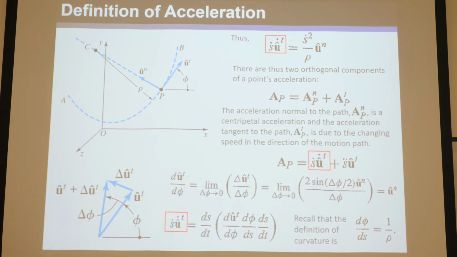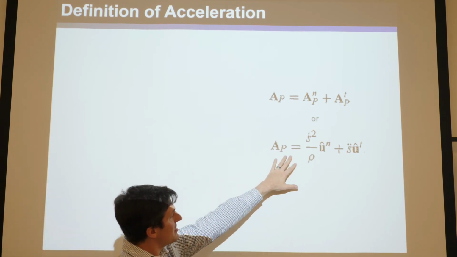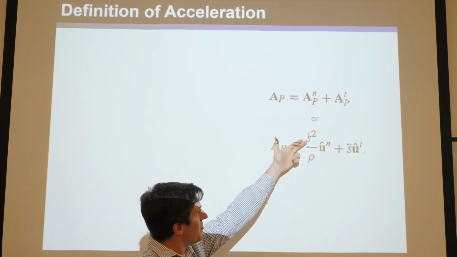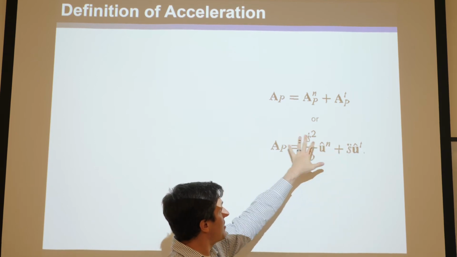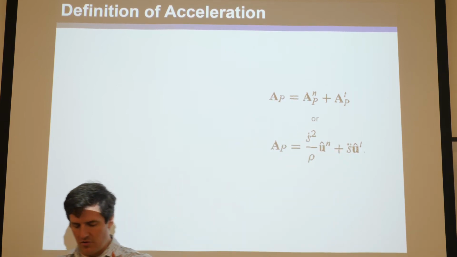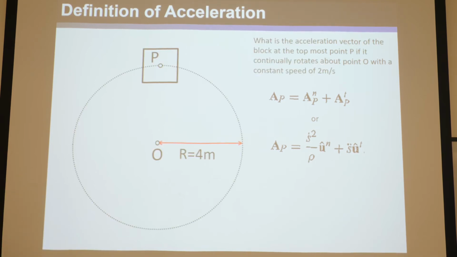And that's essentially what this says. We could write it like this or like this. This is the way you'd want to memorize it: the speed squared divided by rho, un, plus the acceleration along the path. Those two components added together are the acceleration.